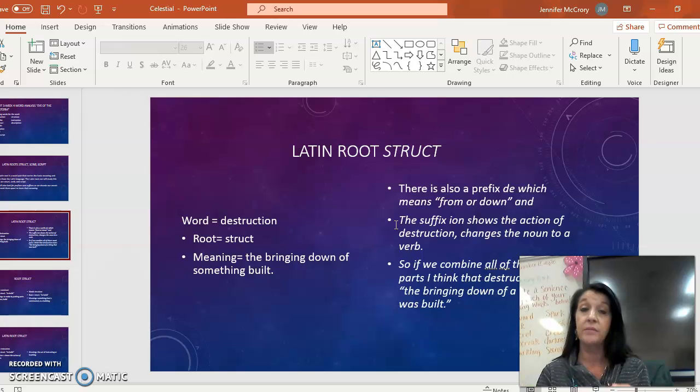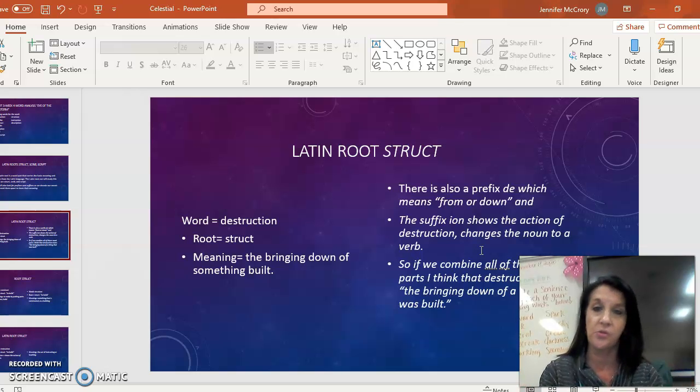Shun. All right. Destruction. Okay. And it shows the action of destruction, and it's going to change the noun into a verb. Okay, so 3 parts there. It's kind of a lot: the prefix, the root word, and then the suffix. Nothing that you cannot handle, though, because you guys are so smart.